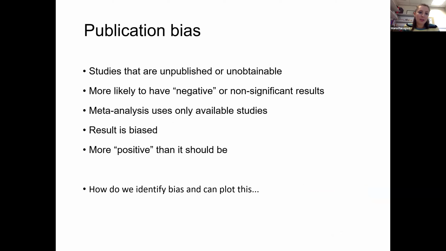So the main problem with publication bias is that because we don't really include all the evidence in our synthesis, our synthesis is a little bit biased. It's biased because we mainly include studies that showed large effects and significant effects.